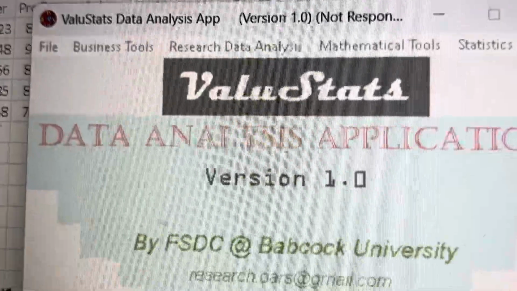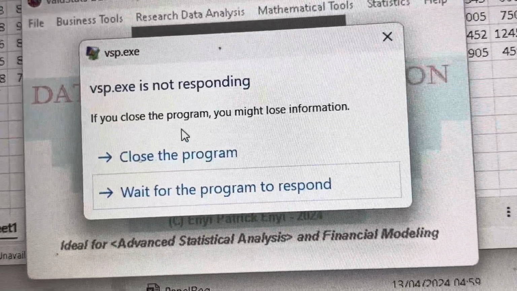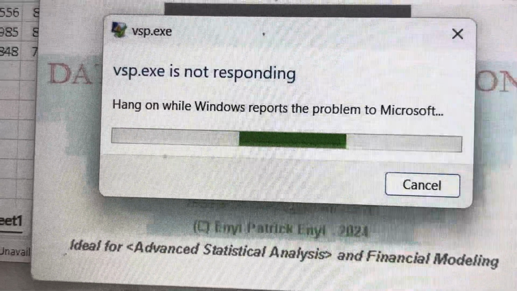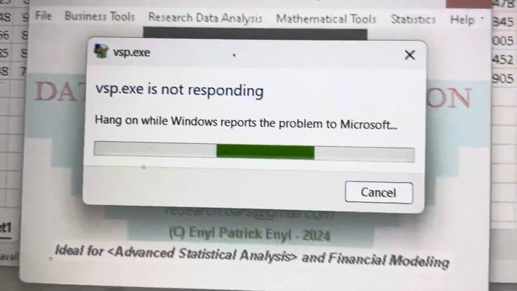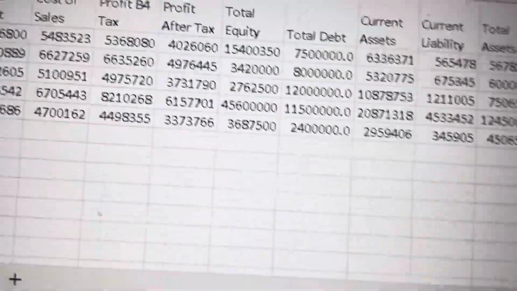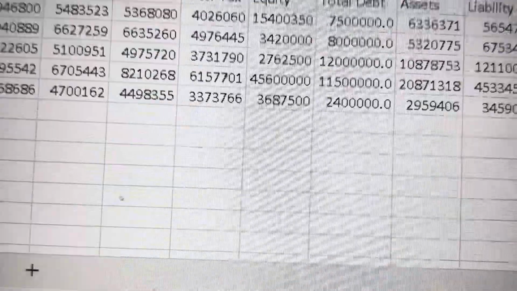I think this is becoming not responsive, so we simply close it and open it again. Close the program, and then we will start it. Starting the program.